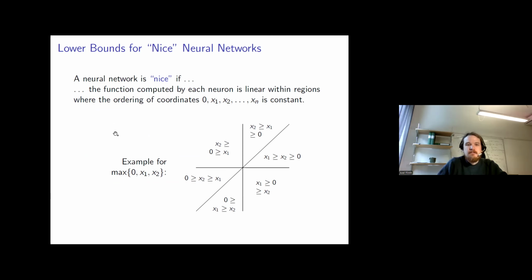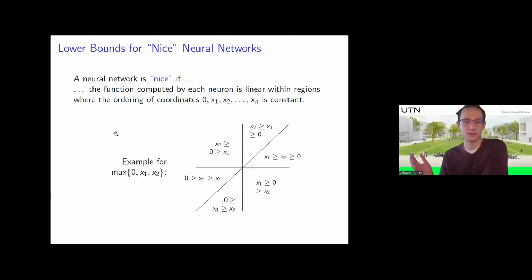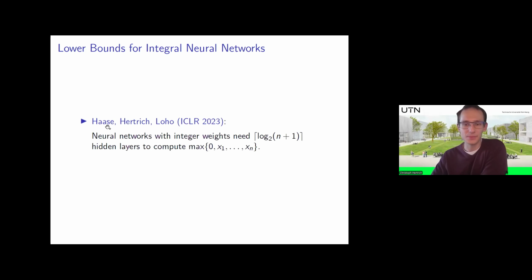Intuitively, you wouldn't know why you should need something like this, but we also wouldn't know how to prove that you don't need it. Yeah, each neuron, that's important. I should have stressed this more.